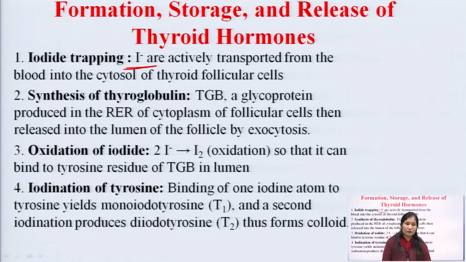Second step, synthesis of thyroglobulin. Thyroid hormones need the amino acid tyrosine. Thyroglobulin is a glycoprotein which is simultaneously, that is side by side, synthesized in the rough endoplasmic reticulum of the cytoplasm of the follicular cells, and then it is released into the lumen of the follicles by exocytosis.